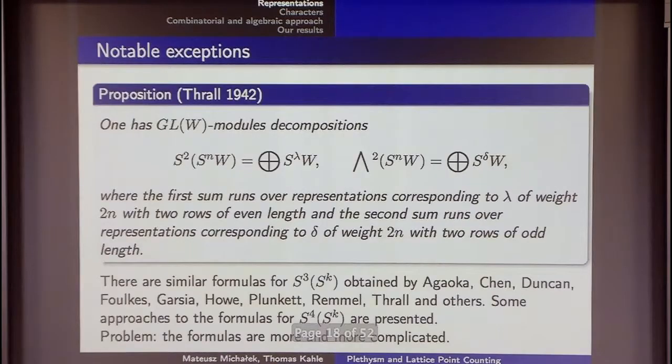But there are no negative signs there, right? This is not a summation formula. It's an explicit formula. It's a function in k and lambda, an explicit function. So let's say you take the length of the second row, you add to it k, you divide by 2, you take the floor, and this is the multiplicity.